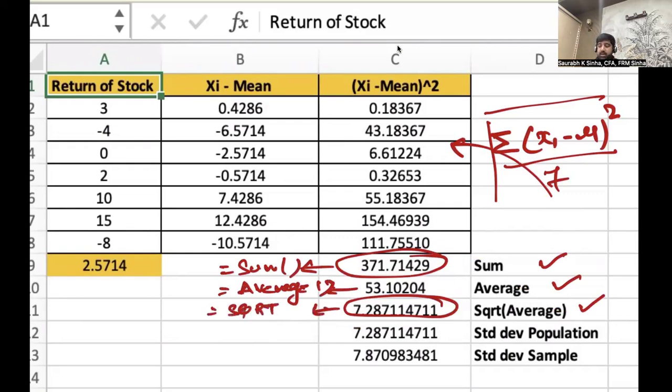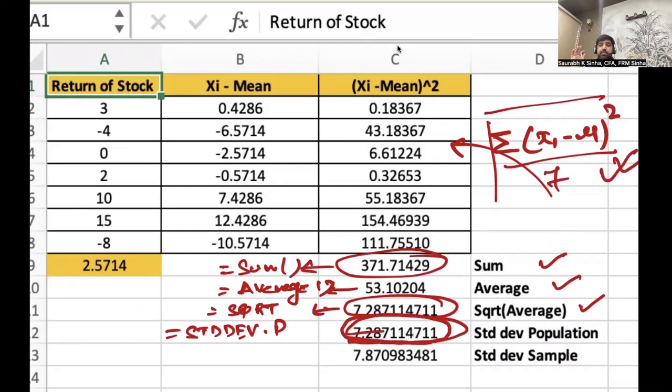But in this cell, I have applied the formula STDEV.P, standard deviation population, and again it comes to 7.287114.